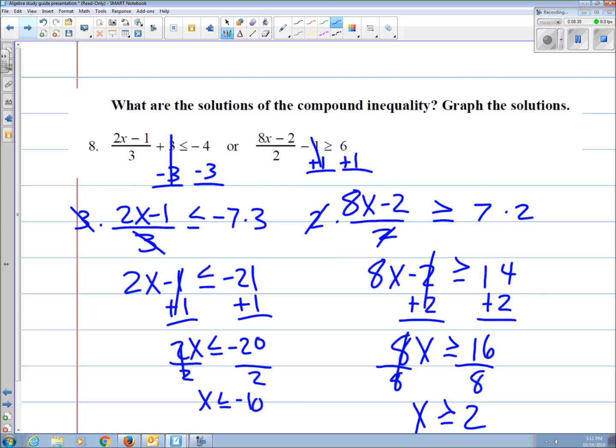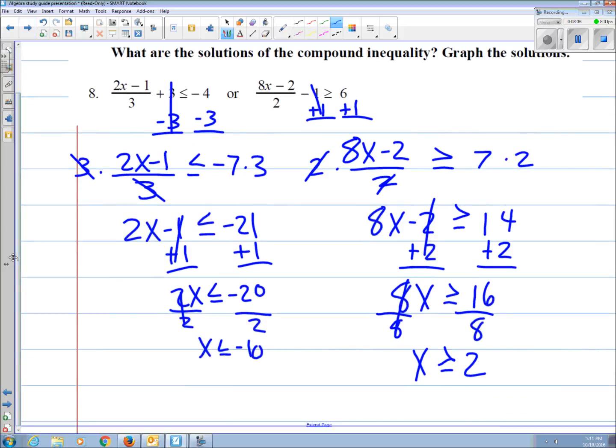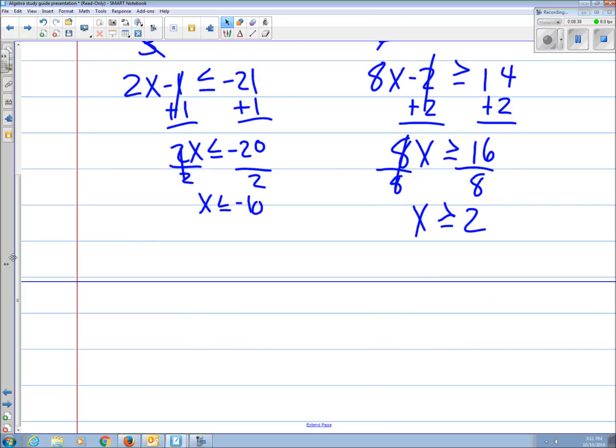It also asked us to graph this inequality. So I need to make a number line. I need to go from negative 10 to a positive 2. So I'm going to start at negative 11, negative 10, negative 9.